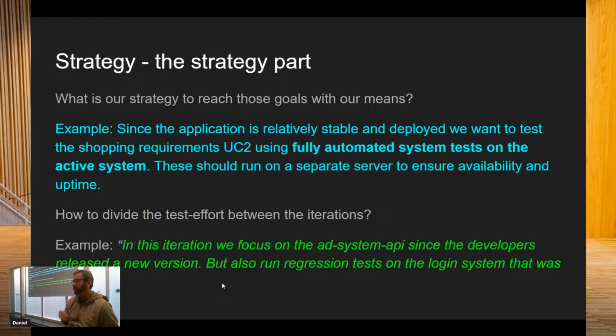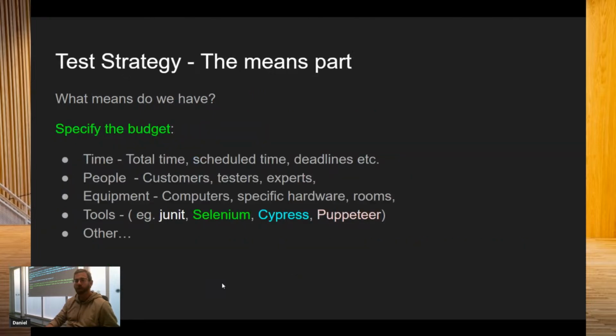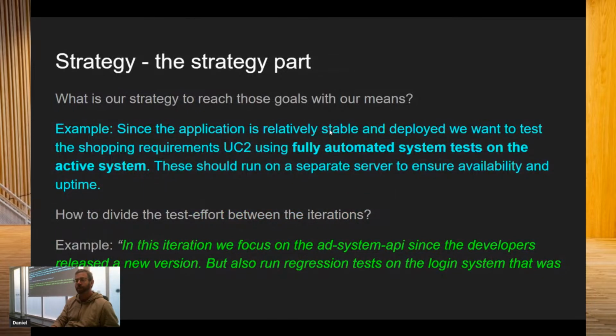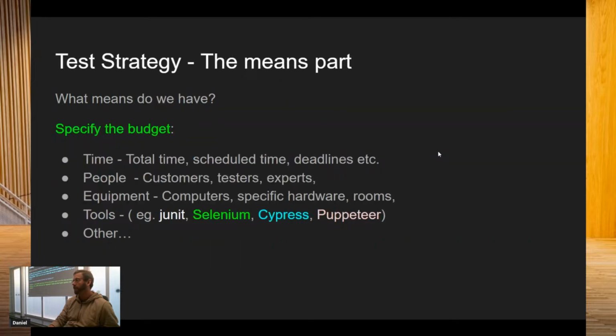So that is a strategic decision that has a cost, and we need to have people, that means developers that know how to write unit tests, that have taken this course, perhaps. If we're going to do this fully automated system tests, right, buying stuff in a web shop, we need to have people that know how to do that, that can automate a manual test case.